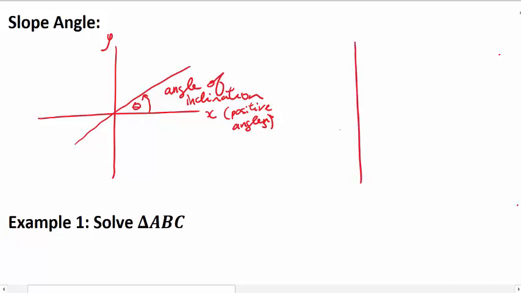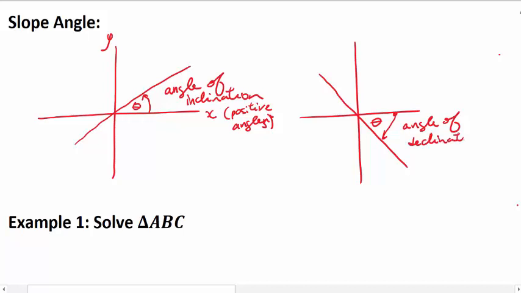Now we can take a look at if the line comes down this way, the x-axis and the line make an angle here. This is an angle of declination, and it's going clockwise from the x-axis, and these are negative angles.